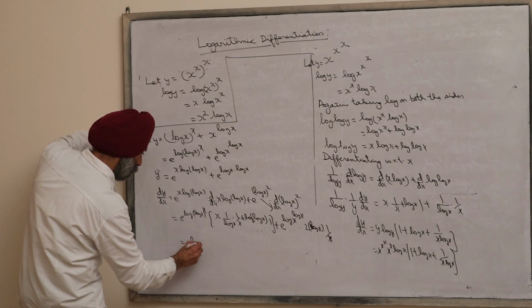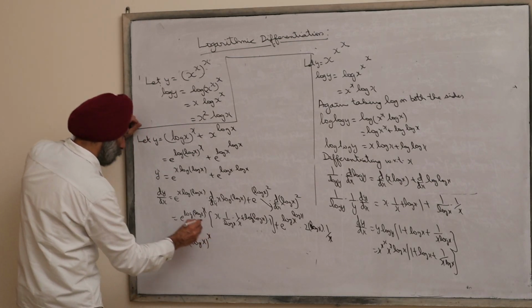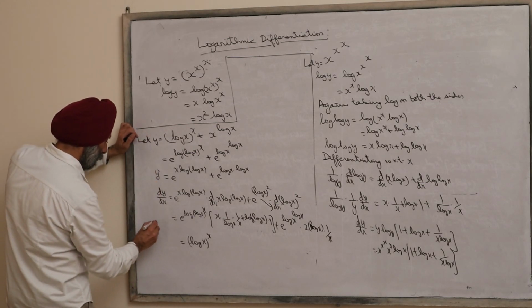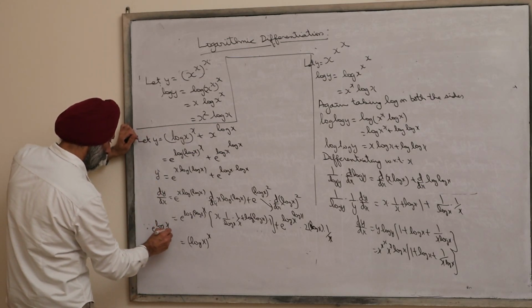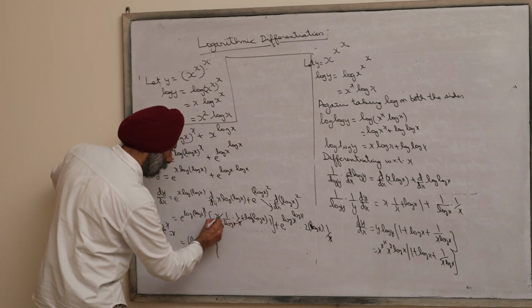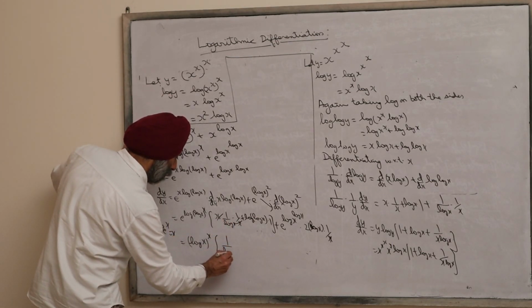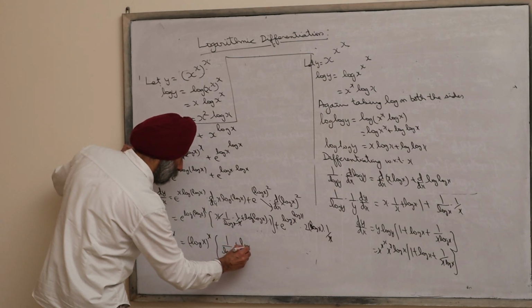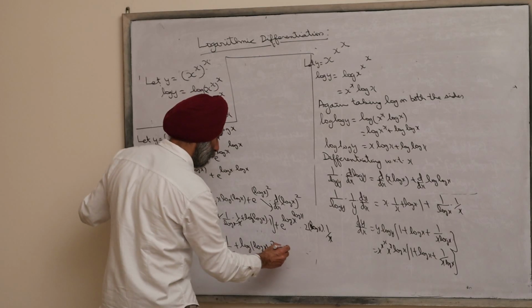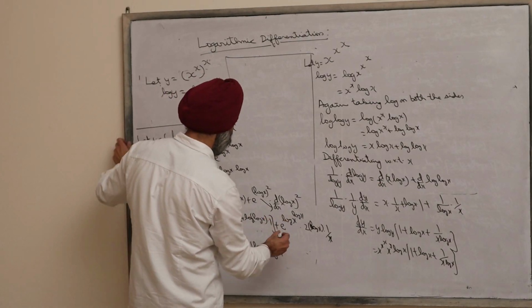Can I write this as log x raised to the power x? Because e raised to the power log of x to the base e is x, into this will cancel, 1 over log x plus log of log x into 1 plus, can I write this as, what is that?